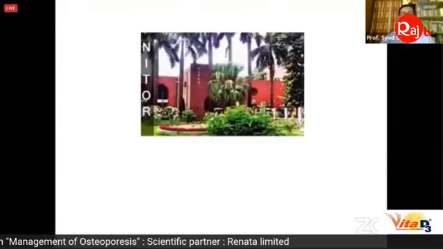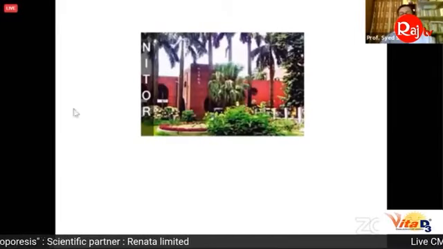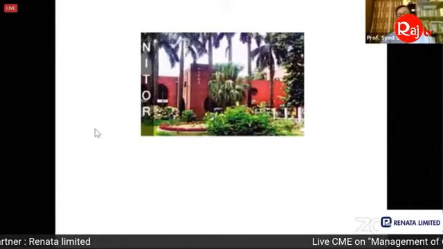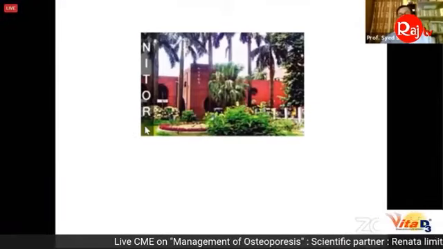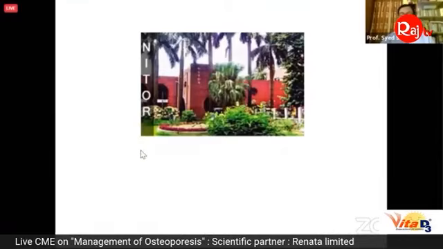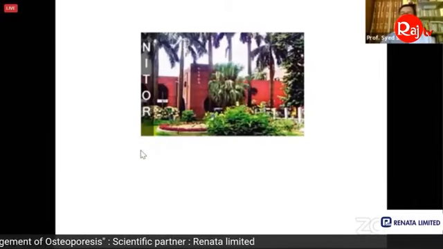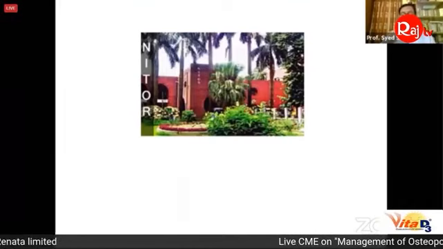Dear friends, this is our beautiful memory. This is the first National Institute of Traumatology and Orthopedic Rehabilitation. Our chairperson was the president of the Bangladesh Orthopedic Society as well as the director of NITOR. This building was there.